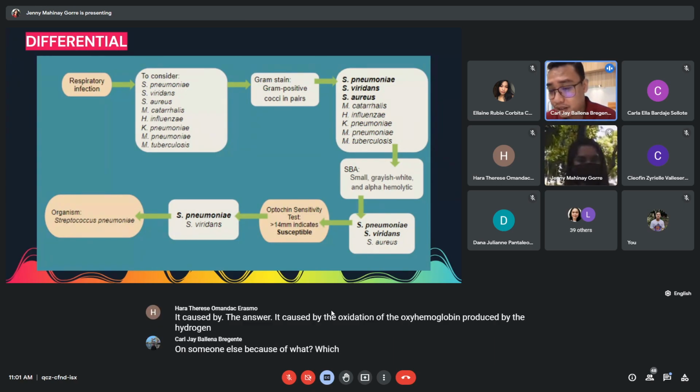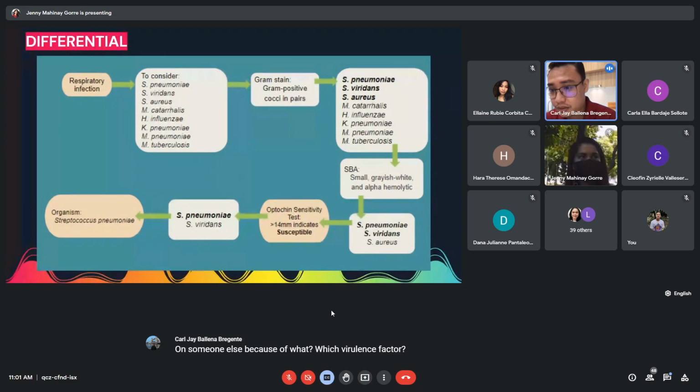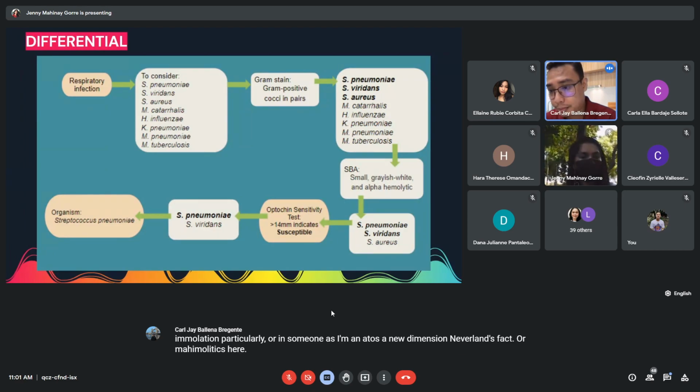Which virulence factor? Hemolysin, sir. Hemolysin, particularly your, which one of the virulence factors you mentioned makes it alpha hemolytic? It is because of the pneumolysin.